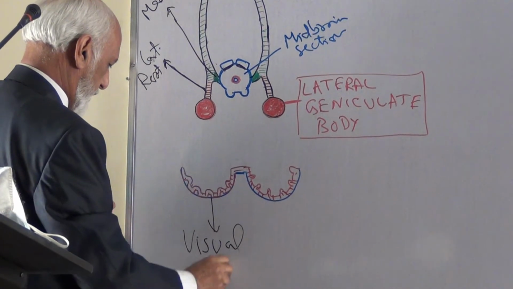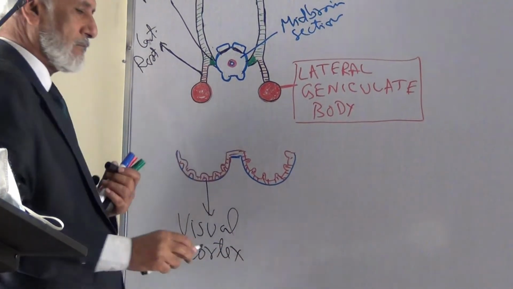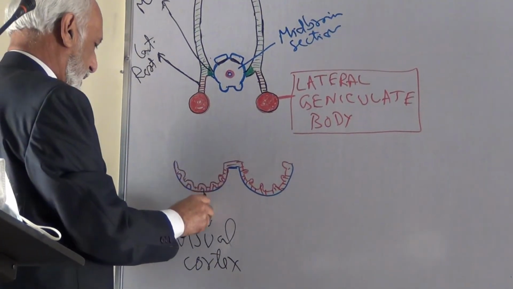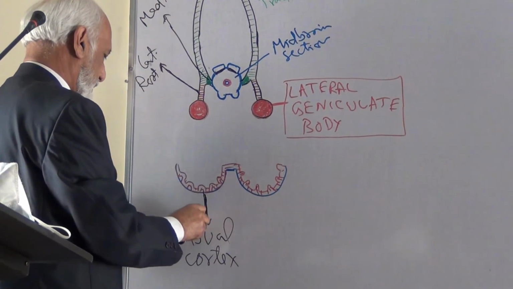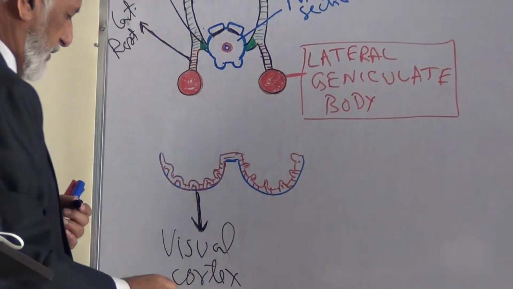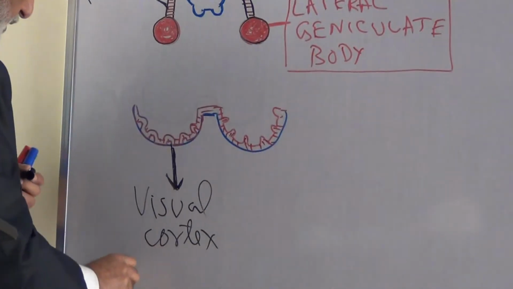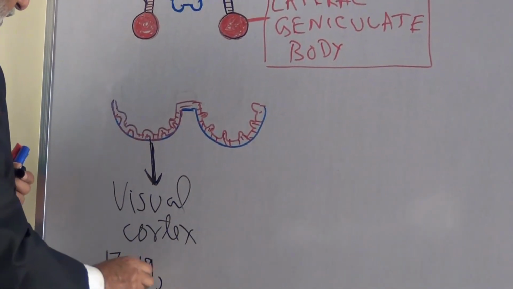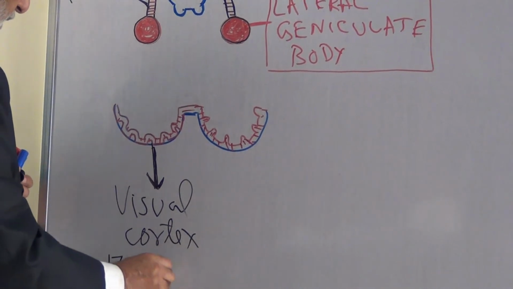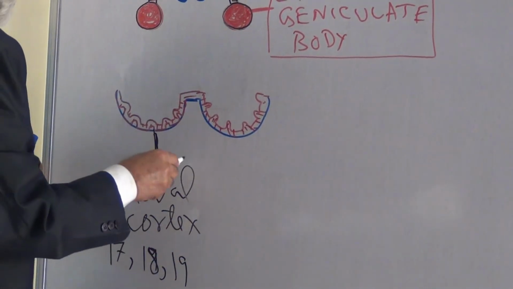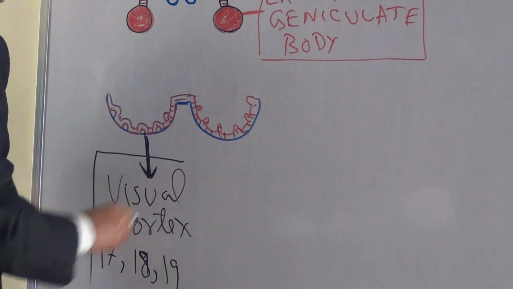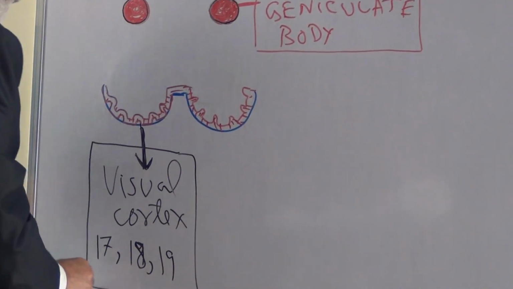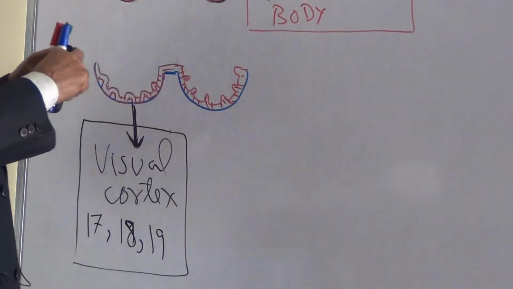Visual cortex is around the calcarine sulcus, near the calcarine sulcus. Broad main cortical areas 17, 18, and 19, in the right and left cerebral hemisphere.